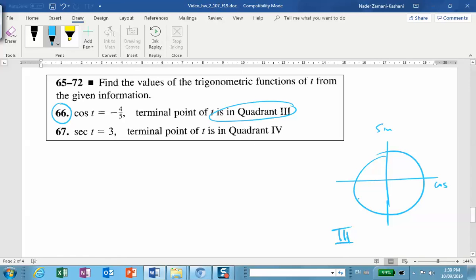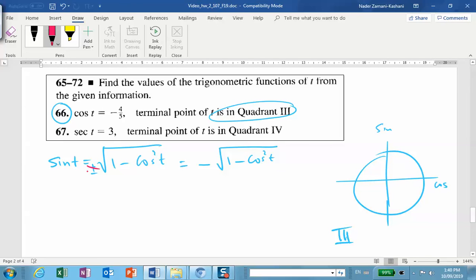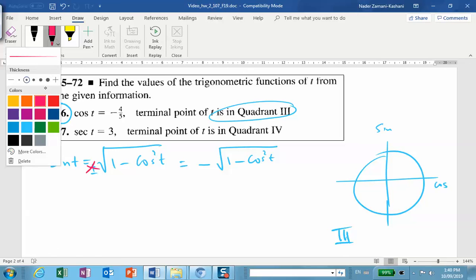You are in here, and therefore, first of all, sine of t is equal to the square root of 1 minus cosine squared t. It's actually plus or minus, but then you have to pick the right sign based on the quadrant. If you're in quadrant 3, this is going to be a negative number. Do not take the plus, because in that quadrant sine must be negative.